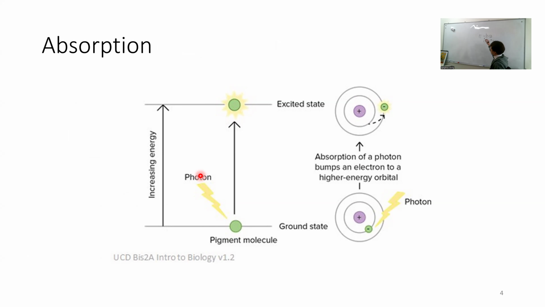Assuming, for example, that this photon has a 600 nanometer wavelength, we can calculate the frequency from the wavelength and the speed of light, 3 times 10 to the 8 meters per second.